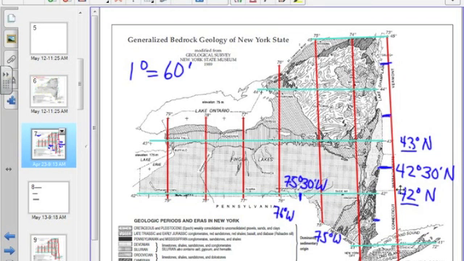So, using both full degrees and minutes, we can be much more precise at identifying specific locations found within the state.